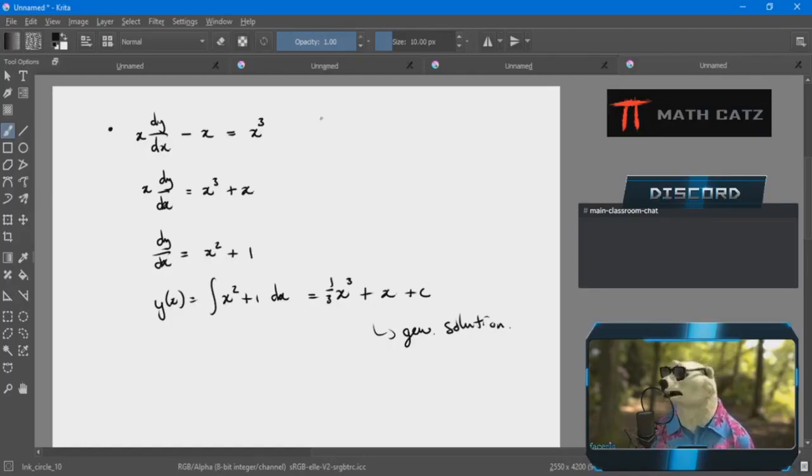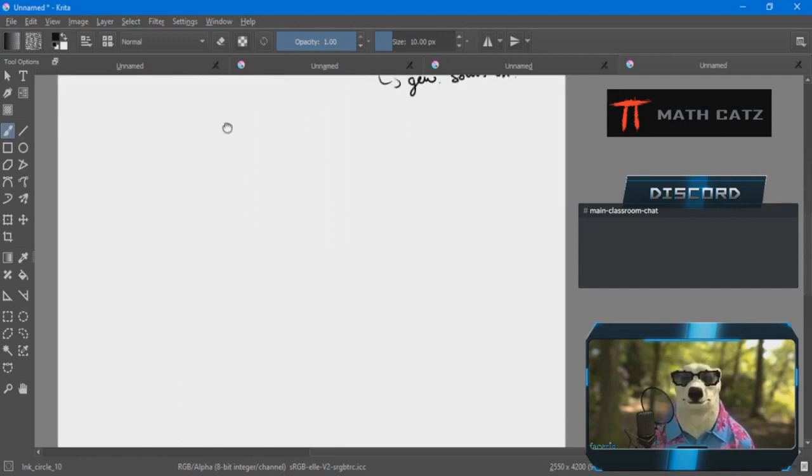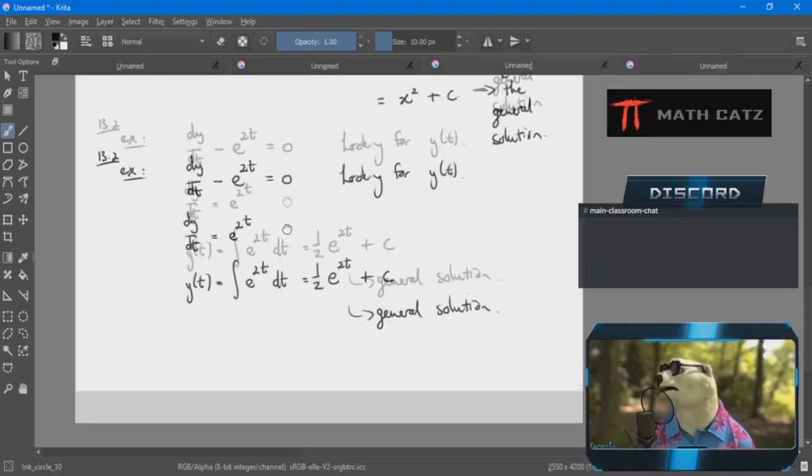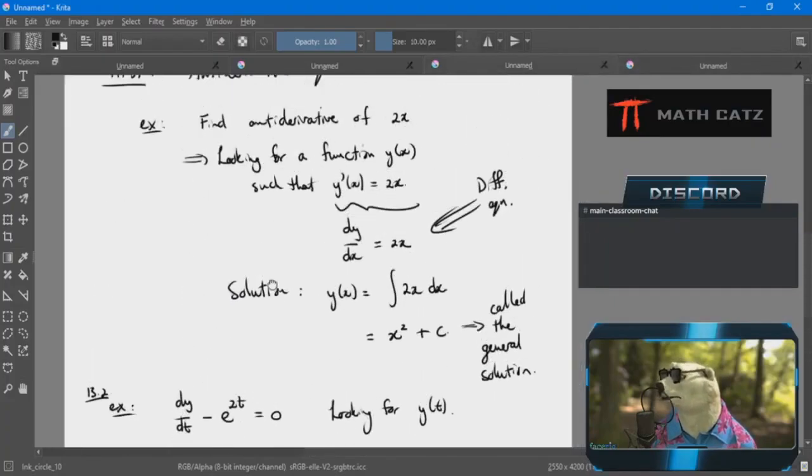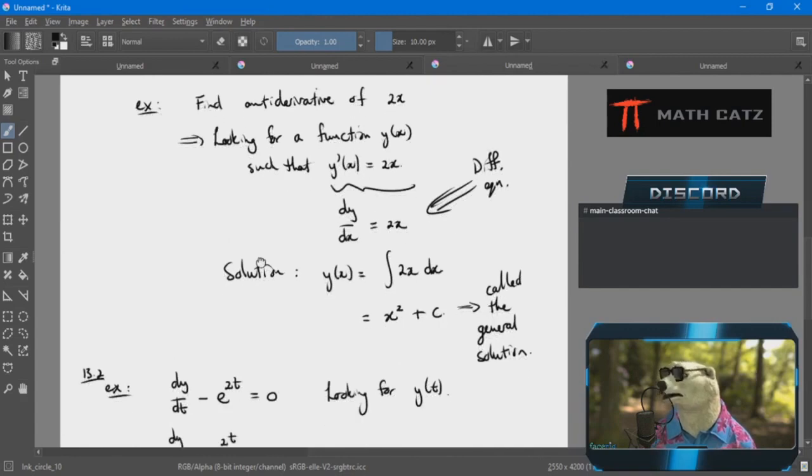All right, so let me just find the 3 examples that we did, and let's put them in a row here at the bottom. My first example was this one.